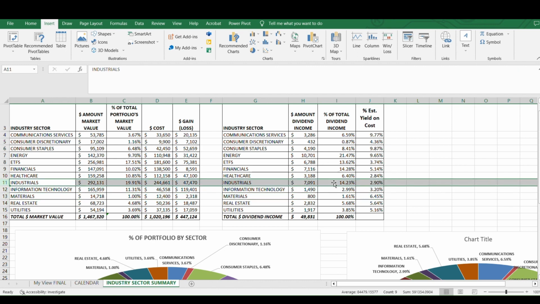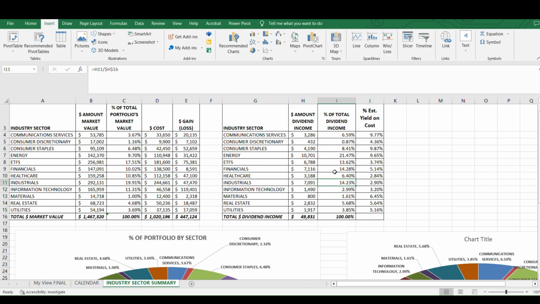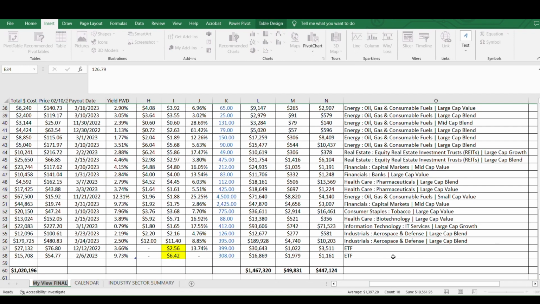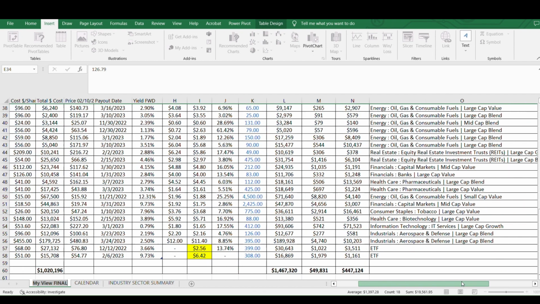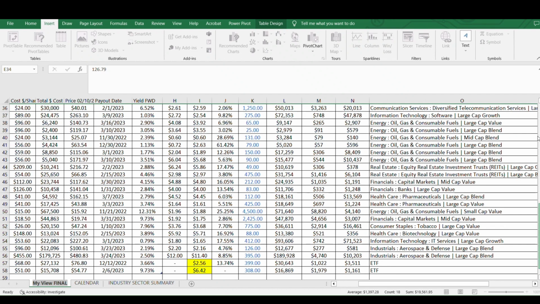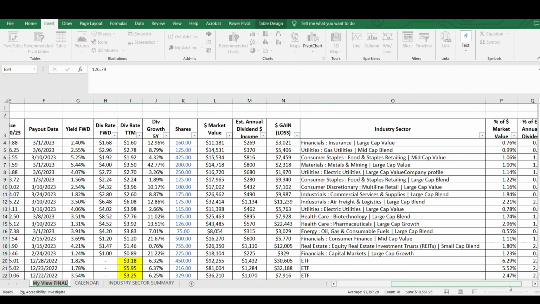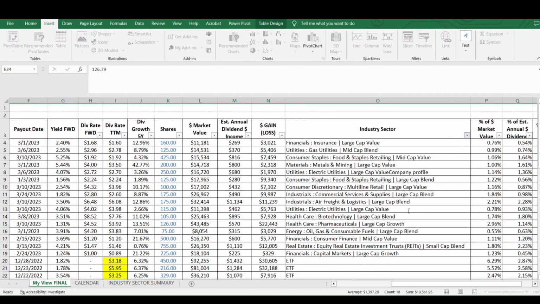His defense stocks. So defense, industrials, and defense, I know he's got Lockheed Martin and Raytheon and Northrop. Let's take a look here. We can just do a filter.